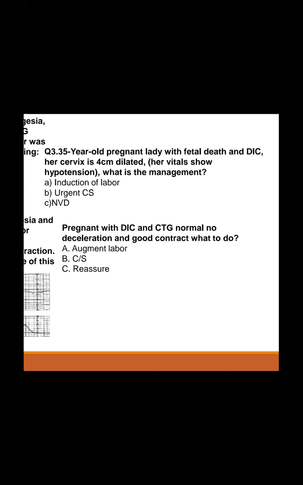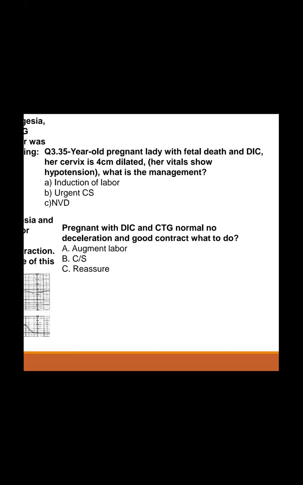Okay, that's what I'm discussing. Here DIC but CTG normal, good contractions. If we do CS, it will increase bleeding risk, because all is normal. They didn't give any vitally unstable sign, and didn't indicate CS.